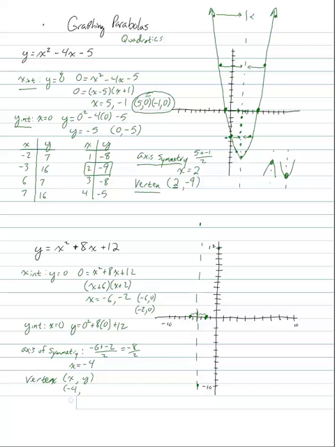I would get y equals negative 4 squared plus 8 times negative 4 plus 12. So negative 4 squared would be 16, minus 32 would be negative 16, plus 12 would be negative 4. So I actually have negative 4, negative 4. So my vertex actually lies there.